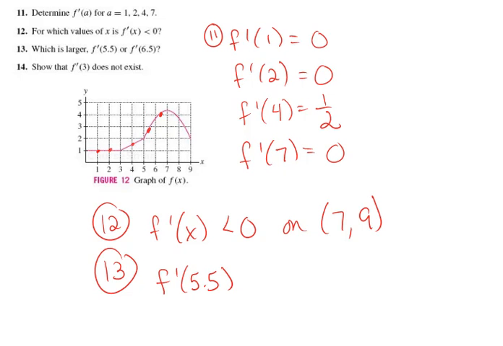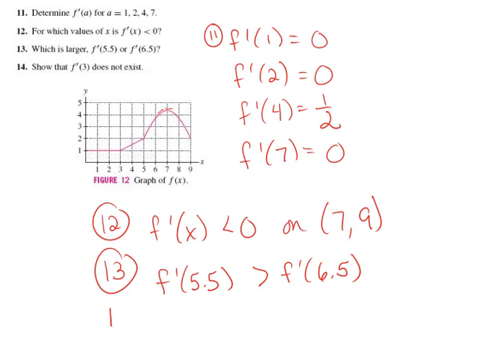You're thinking about how steep it is here, and what you can imagine is that it's kind of steep, but it's getting less, it's flattening out, and then at 7 it's completely horizontal. So f prime at 5.5 is going to be greater than f prime at 6.5 because you have this flattening of the tangent lines until it gets to 0.